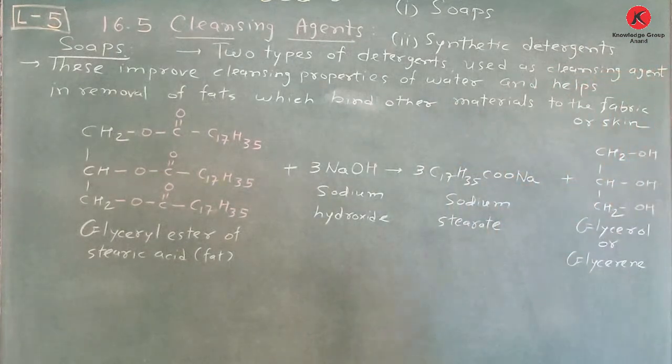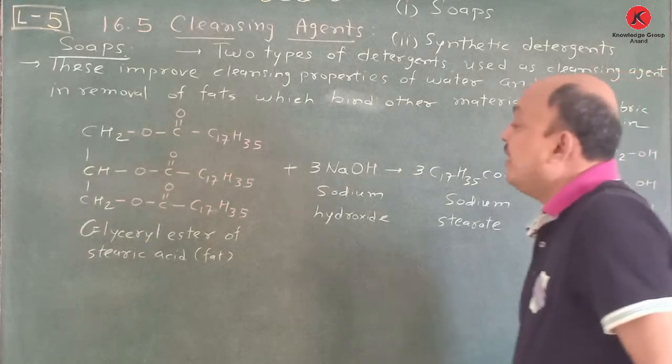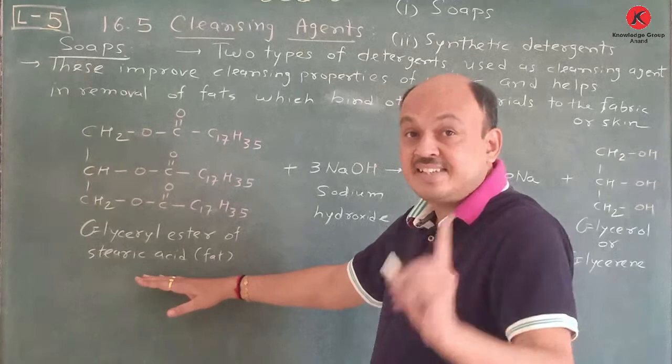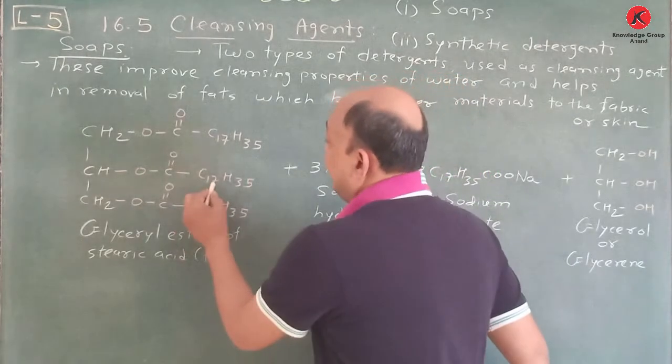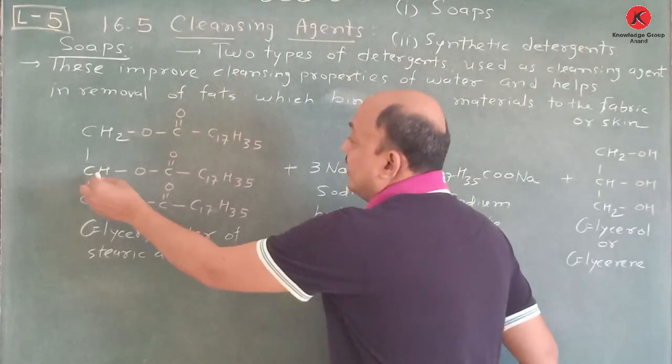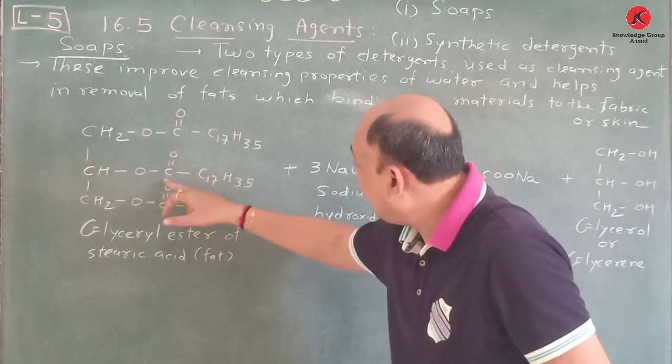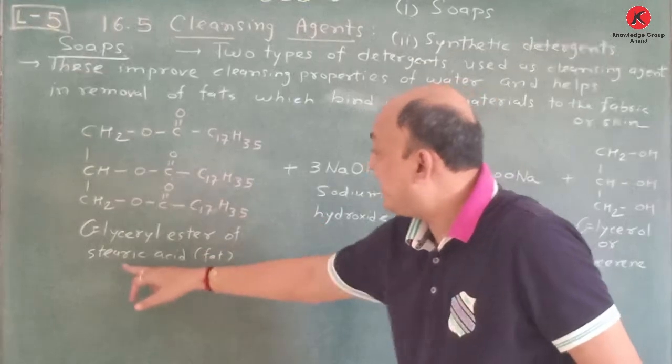So here one reaction is very important. Glycerine ester of stearic acid. Stearic acid contains 18 carbons, remember 17 plus 1. So this ester part has a total of 18 carbons, remember stearic acid.